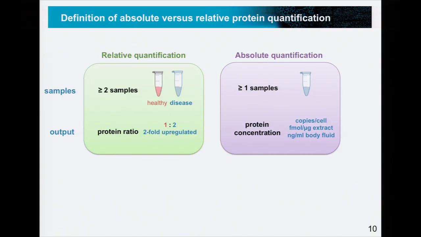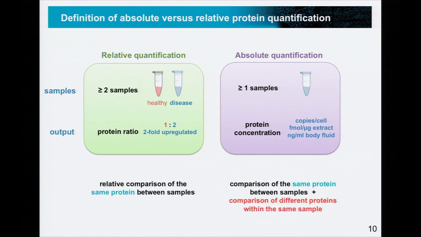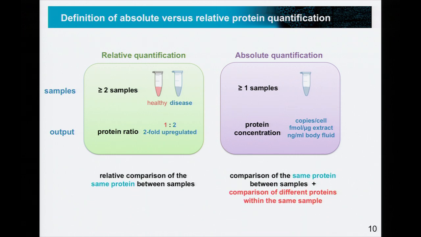So at the end of your measurement, you want to say whether a protein is present in X protein copies per cell or in a certain amount per microgram of tissue extract or per body fluid. All of those are units for absolute protein quantification. So now one important difference between these 2 techniques is that in relative quantification, you always compare exactly the same peptides and the same proteins between the samples.